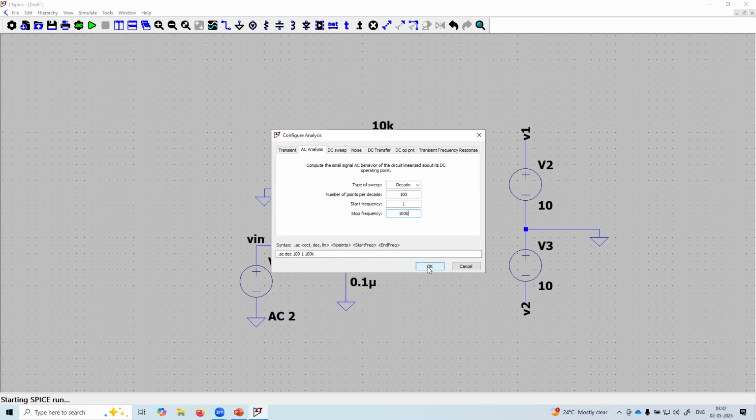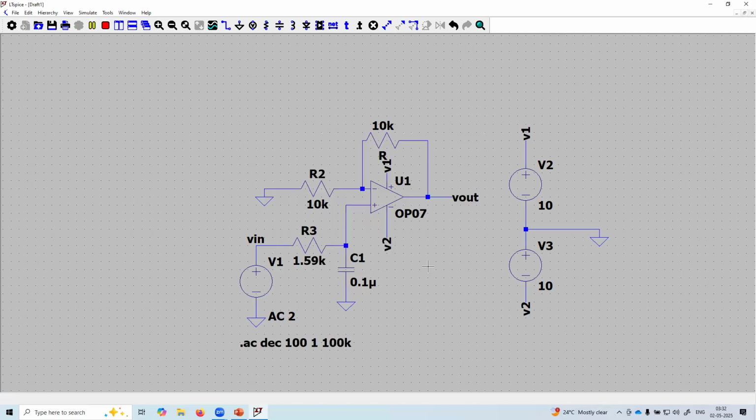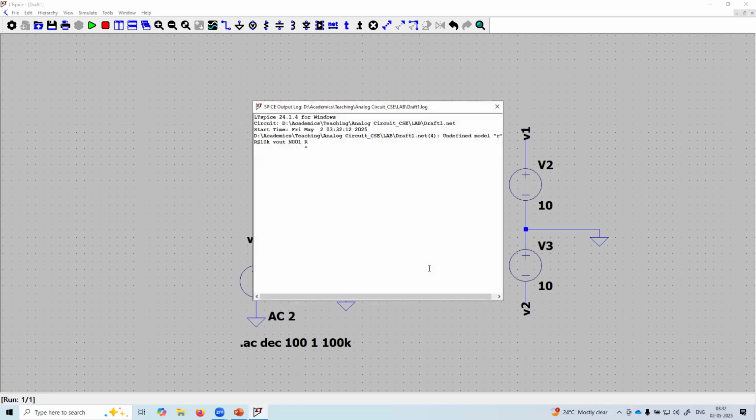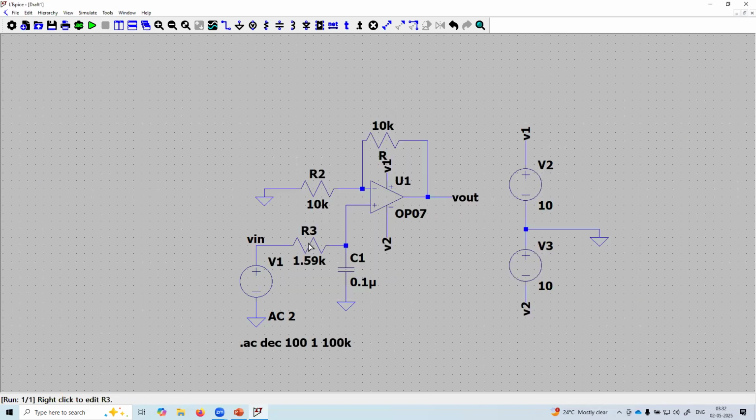This is the range I'm going to simulate. Just click OK.